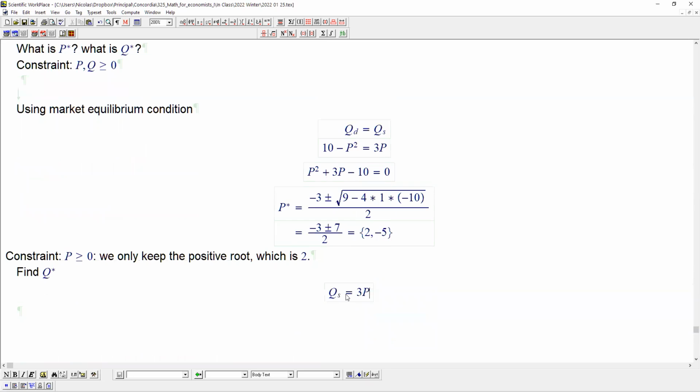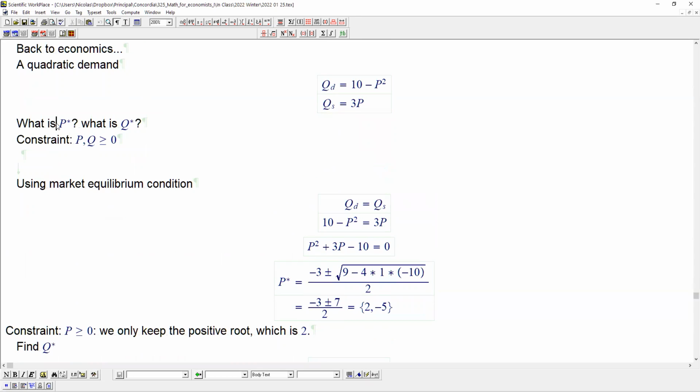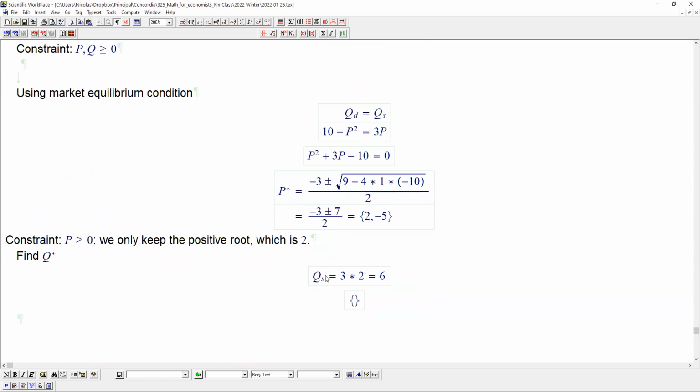So QS goes to 3 times 2 is 6. So then the solution is, so let's just say it's Q star, P star equals to 6 and 2.